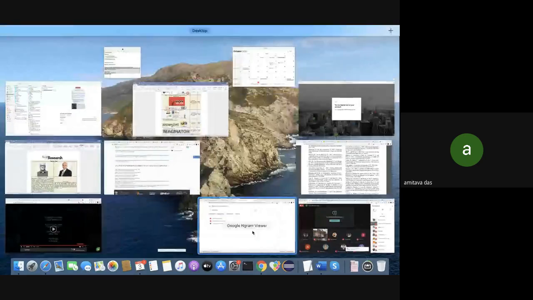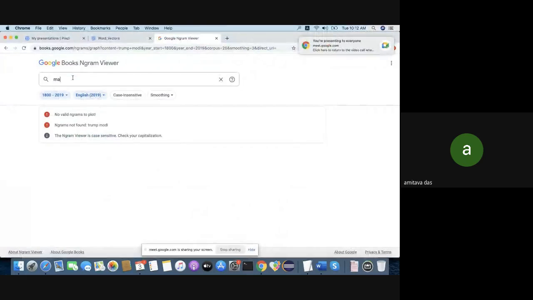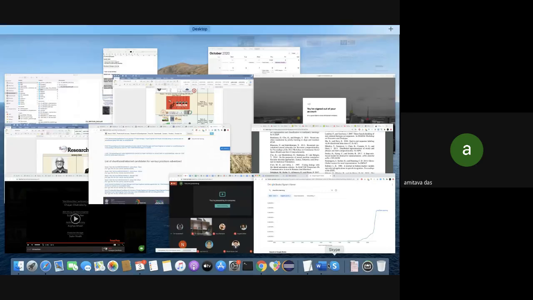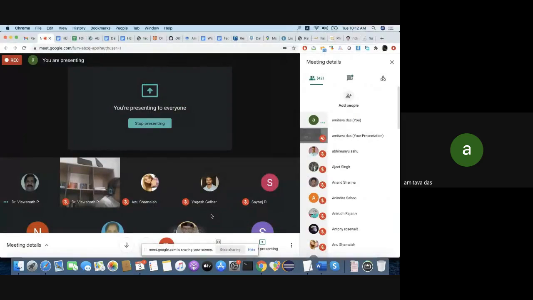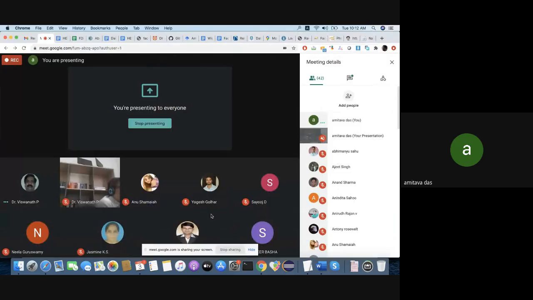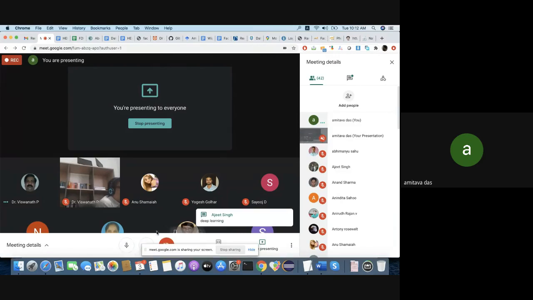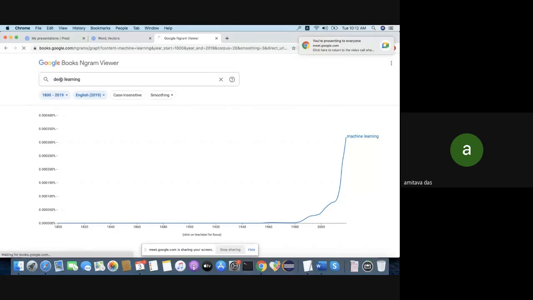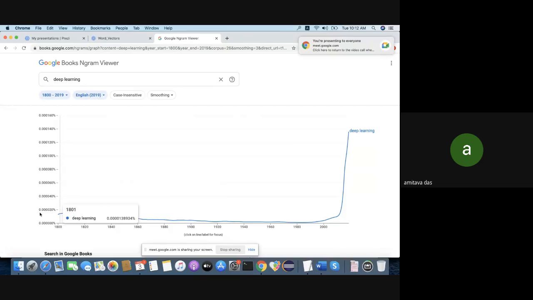Machine learning. Okay. Machine learning. See. What else? Deep learning. Okay. Maybe deep learning was there with some other meaning. I don't know.